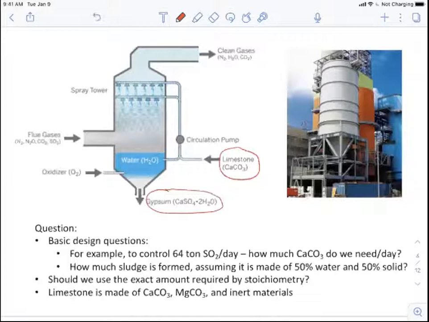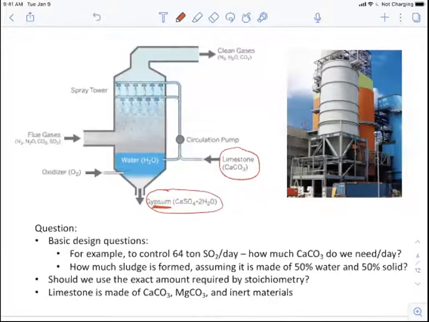They also want to know how much gypsum or sludge they're forming, because if they cannot remove these solids effectively, then this tank here is going to get overloaded, right? These are the most important parameters, and also the only parameters we're interested in designing these systems.